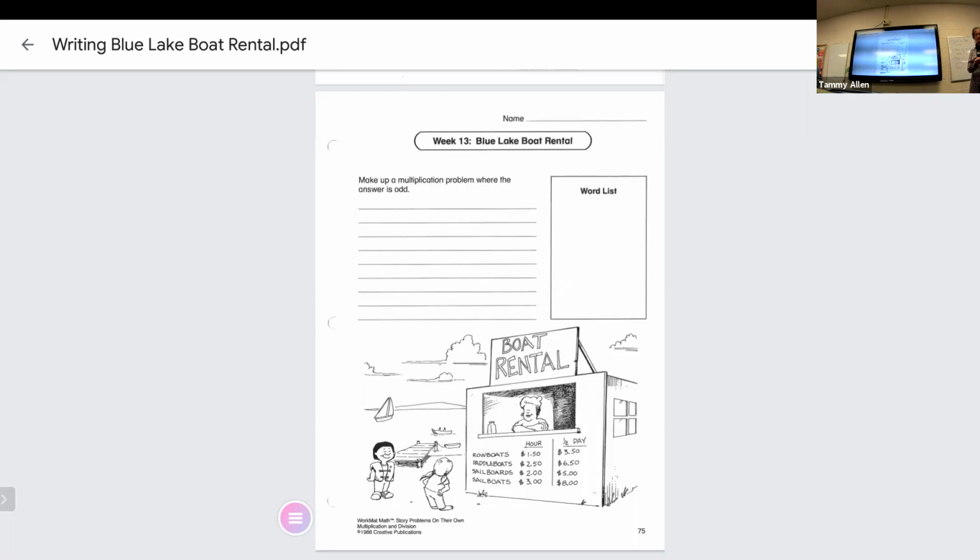Hold on a minute. We need to look at the board that's available to us. We need to understand that these costs are per hour, and this is for a half day. We're going to assume that a half day means 4 hours.